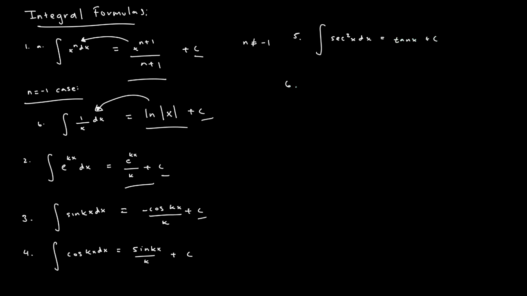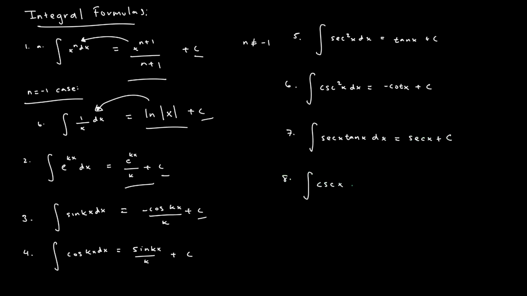Number 6, the integral of cosecant squared x dx is equal to minus cotangent x plus c. Number 7, the integral of secant x tan x dx is equal to secant x plus c. Number 8, the integral of cosecant x cotangent x dx is equal to minus cosecant x plus c.